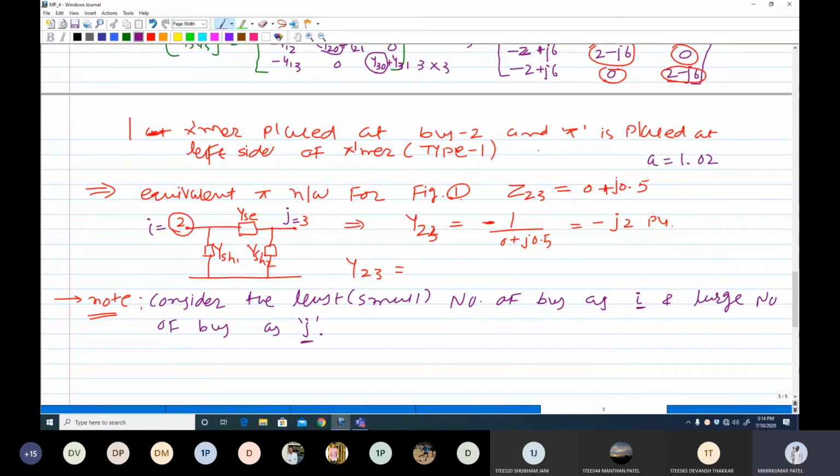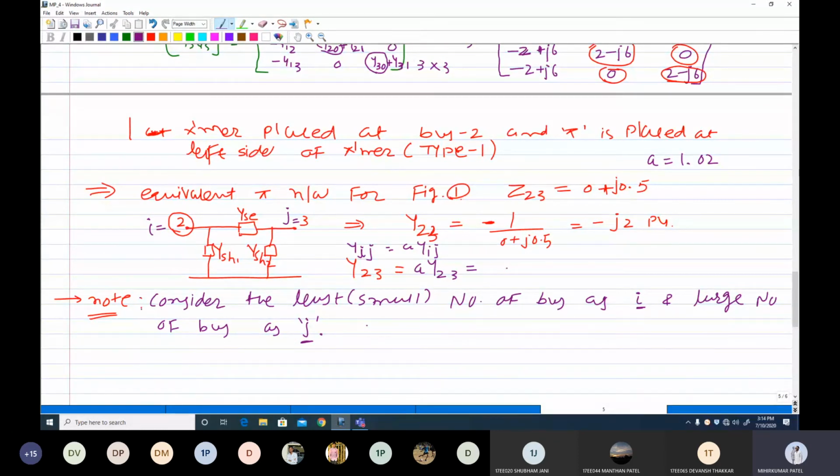We get it from the ratio of voltage. So we can write Y23 is equal to A into Y23. Or in general, if you get confused, just write Yij is equal to A into Yij, where I is equal to 2 and J equal to 3.